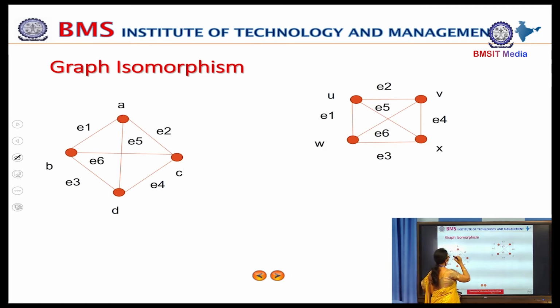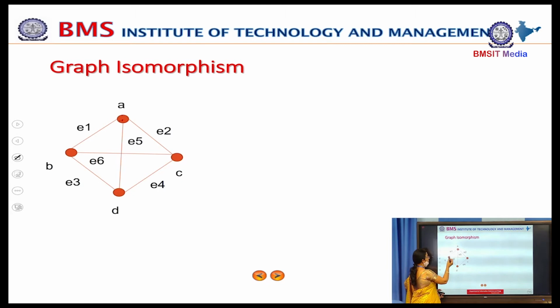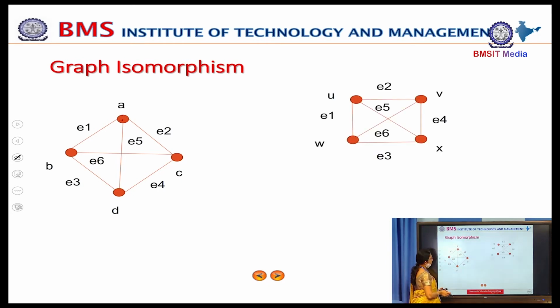So now I need to map the vertex A to vertex U. If I am able to map the vertex A to vertex U and B to the vertex W, then the edge E1 in the first graph will be mapped to the edge E1 in the second graph, right. That I have shown here.